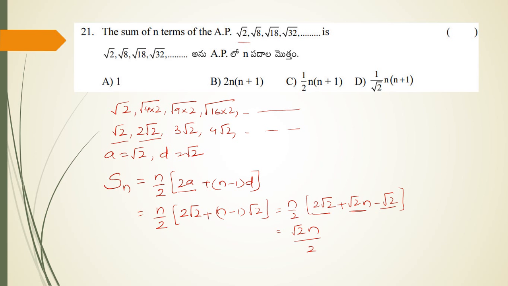So root 2n by 2 into, 2 root 2 minus root 2 is root 2, and since root 2 is already taken common, this becomes 1 plus n. Now this root 2 into root 2 gets cancelled. Then finally, what is the answer? I can write it as n into n plus 1 by root 2.